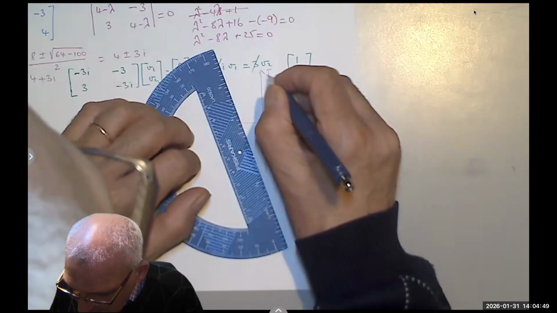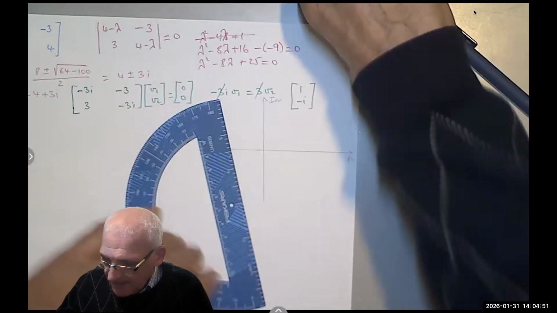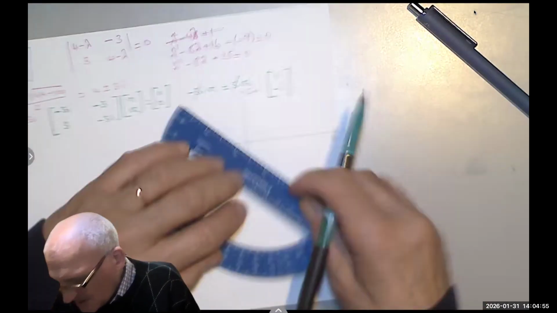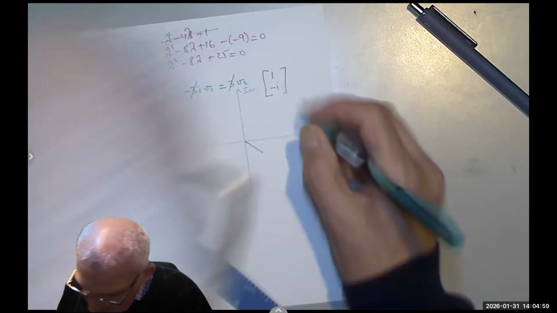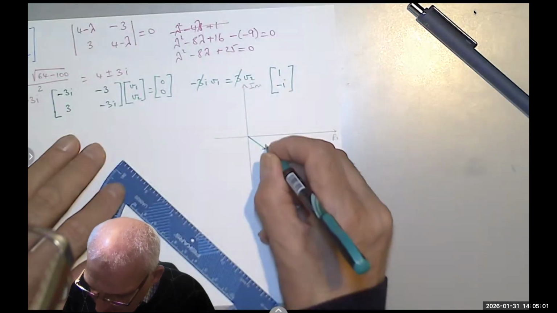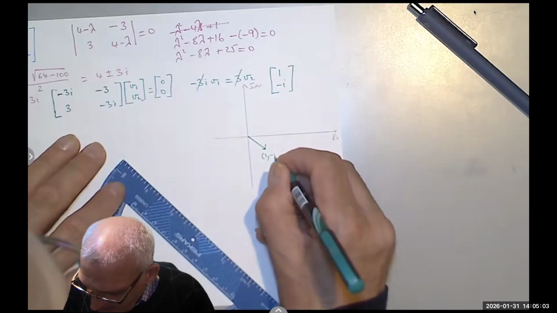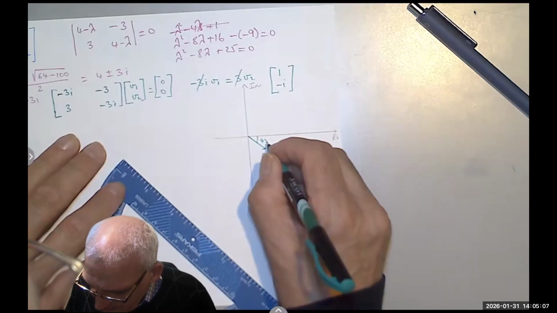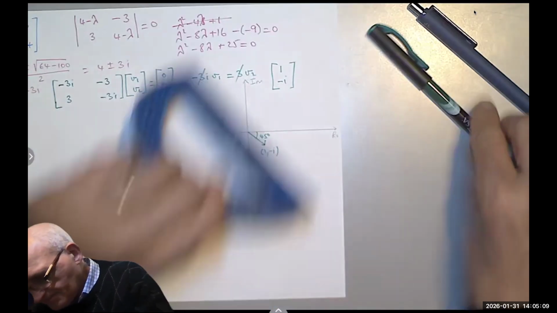This is the real, this is imaginary. I'm just going to draw a line like that and say this point is 1, negative i. So this angle is pi over 4, or 45 degrees.